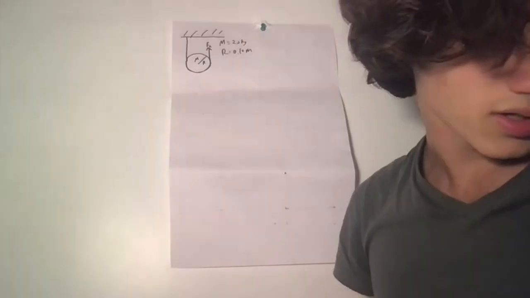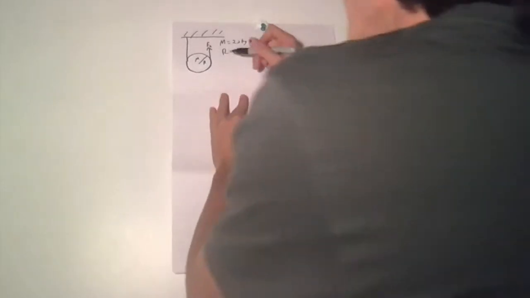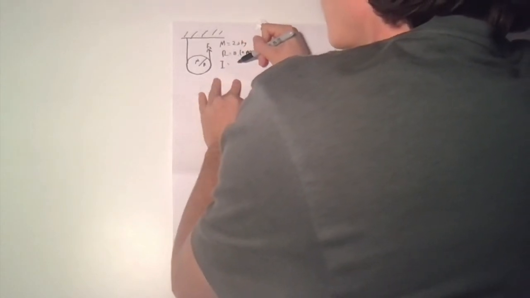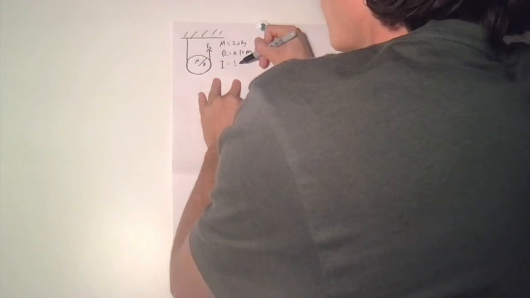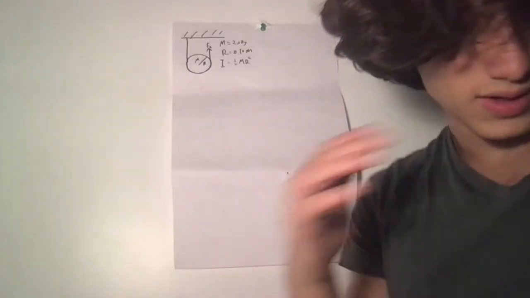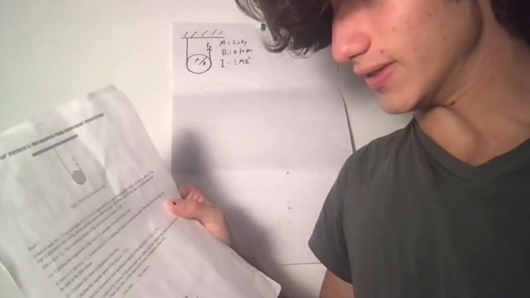And they tell us that the inertia of this disk is equal to 1/2 mr squared. Okay, perfect. So again, they want us to calculate the magnitude of force Fa necessary to hold the disk at rest. So let's think this through.